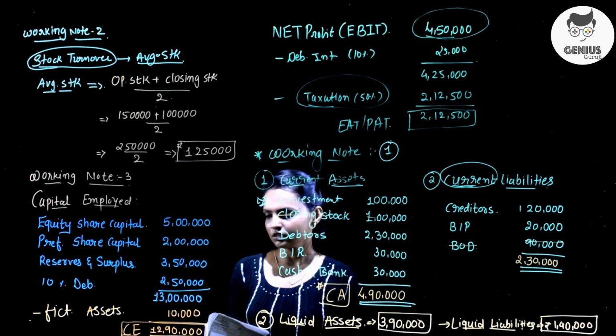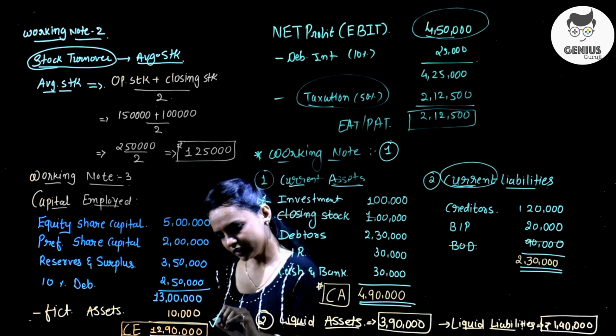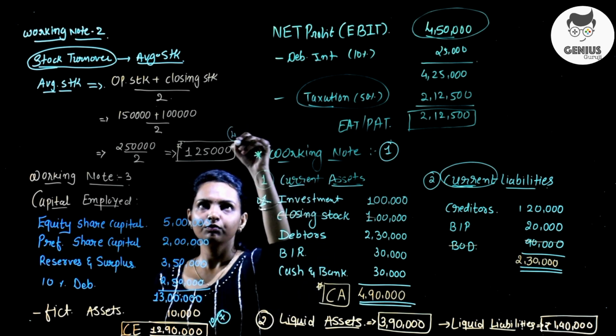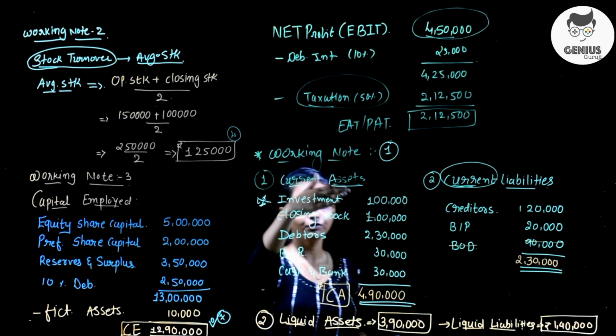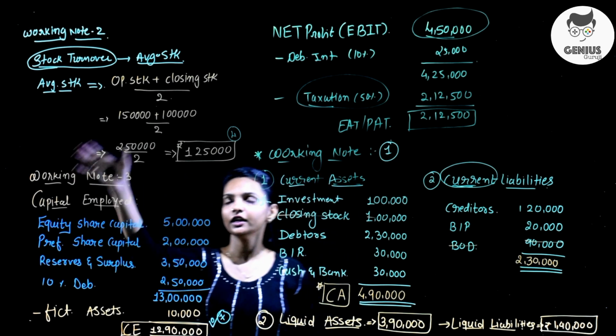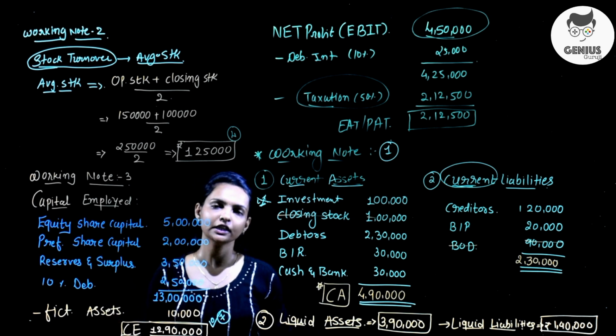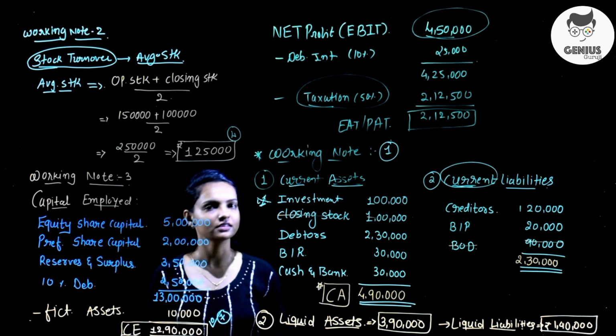Okay, see, this is important for ratio number 7. This is important for ratio number 4. And this is for first and second. So working notes of each ratio is completed. Now we will put in these items and we will get the answers.